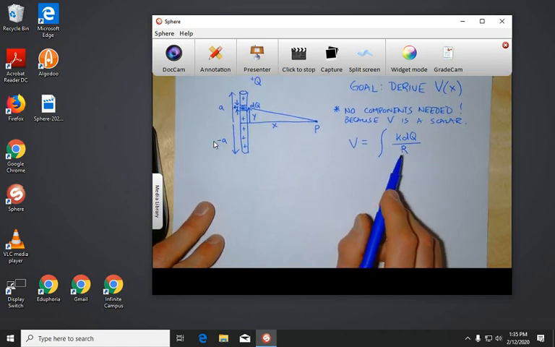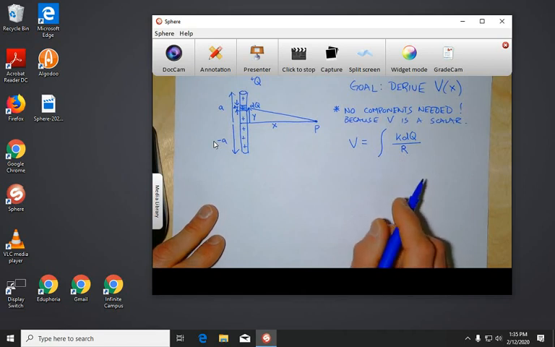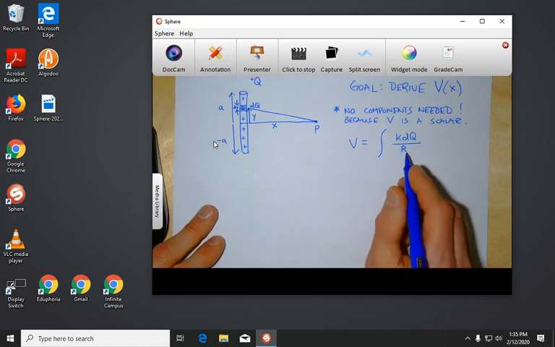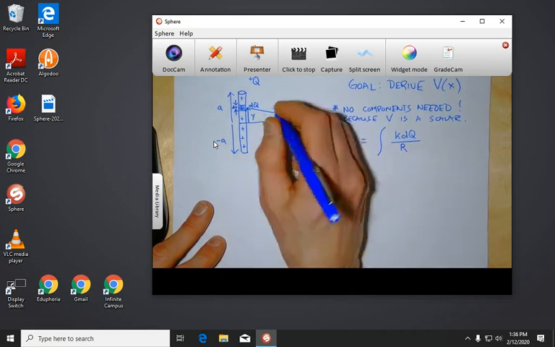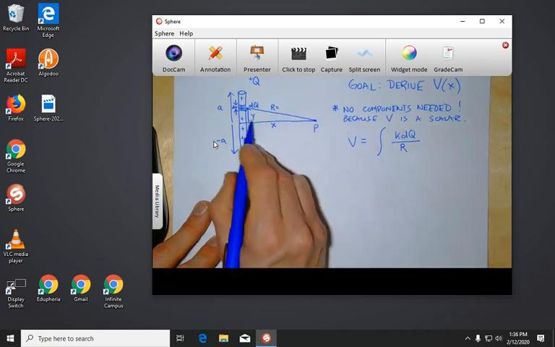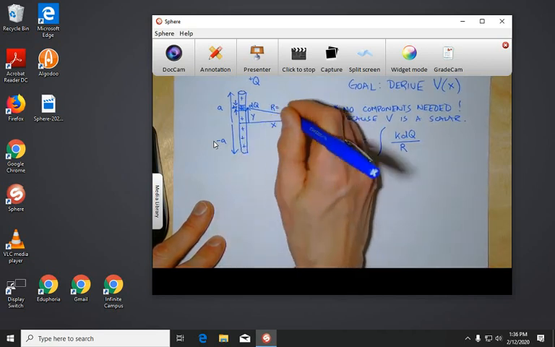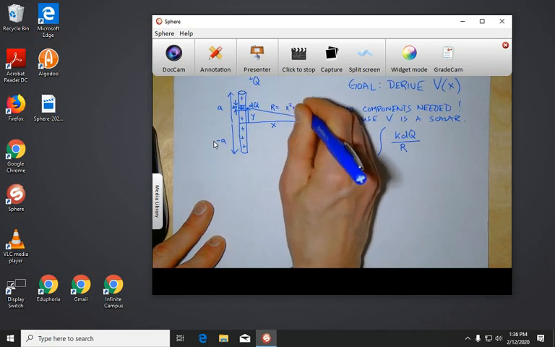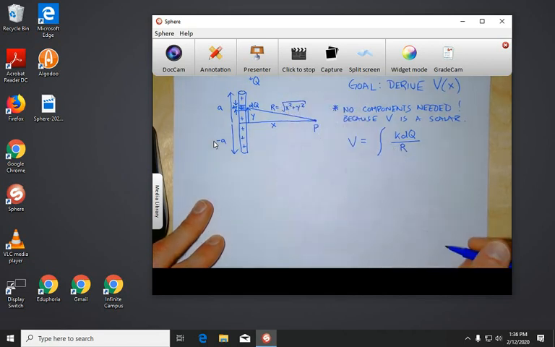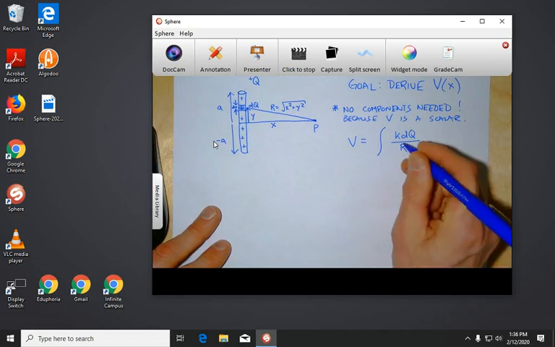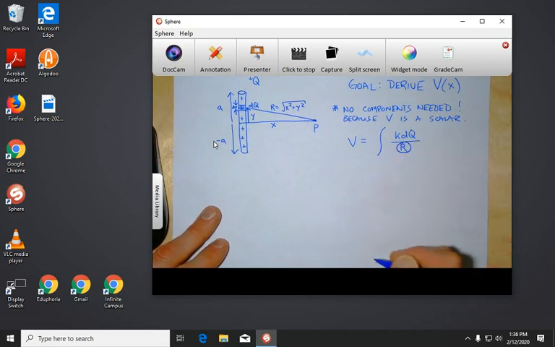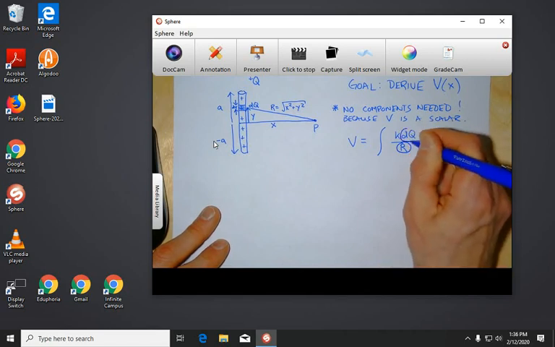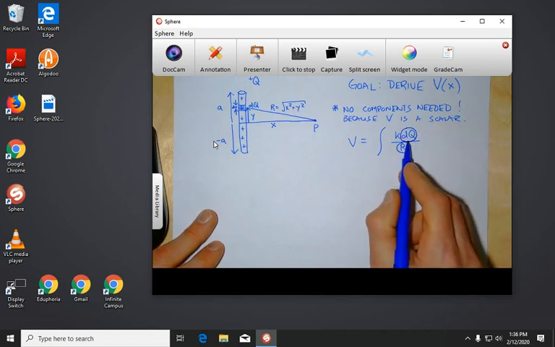Now we're going to do a couple of little substitutions here to help us. First of all, we're not going to use r. Instead, we're going to recognize that r by the Pythagorean theorem is the square root of x squared plus y squared. So we're going to substitute that for r. The second thing we're going to do is not use dq directly.